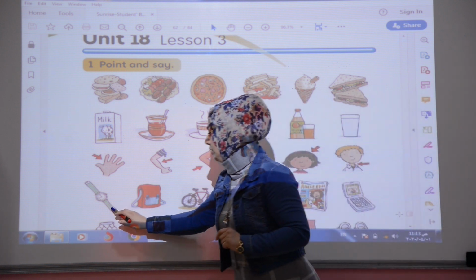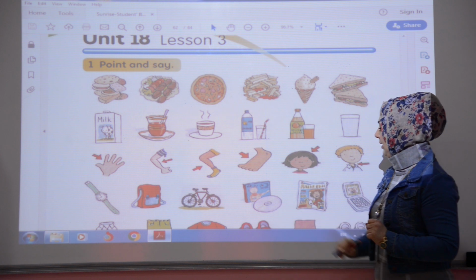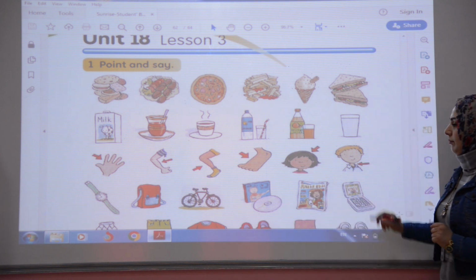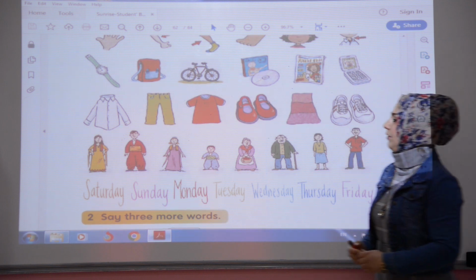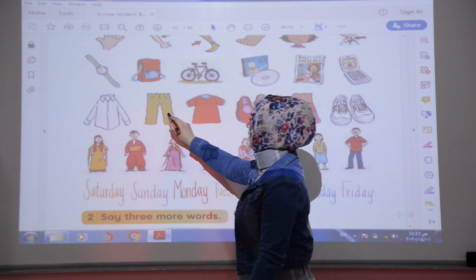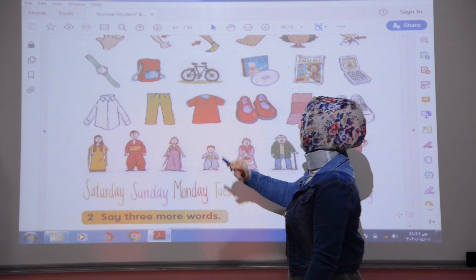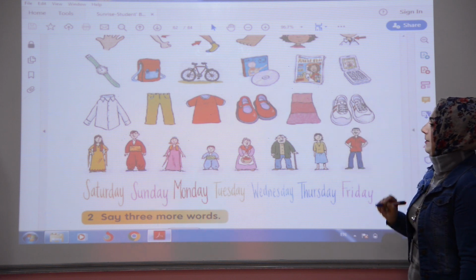We have watch, bag, bicycle, CD, magazine, mobile phone. Also, we have shirt, t-shirt, trousers, shoes, skirt, trainers, okay?